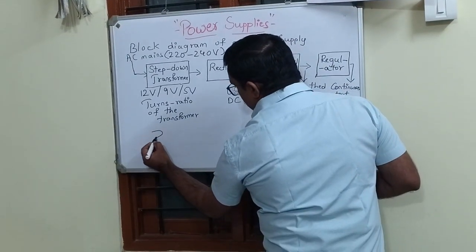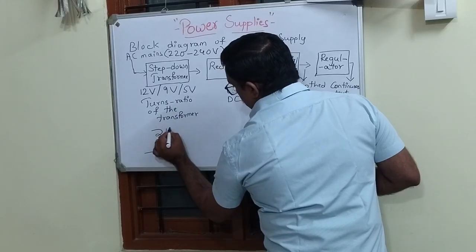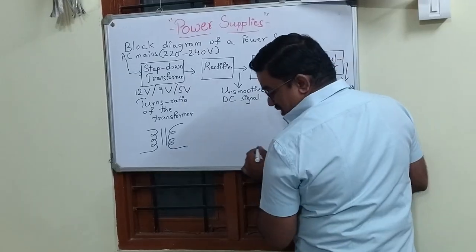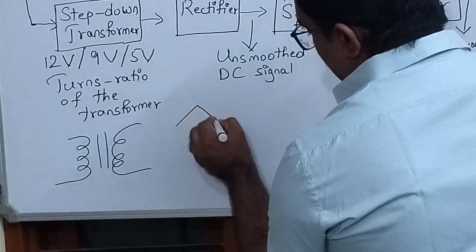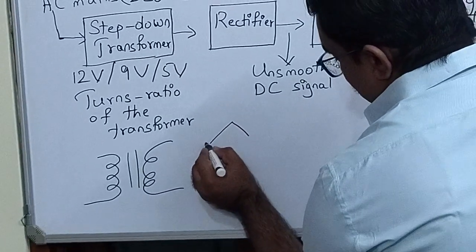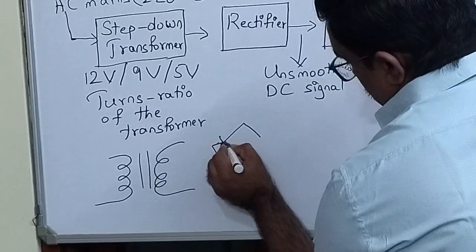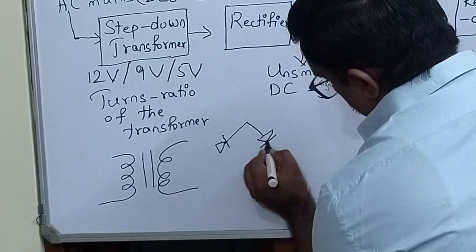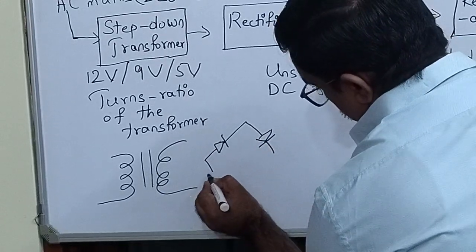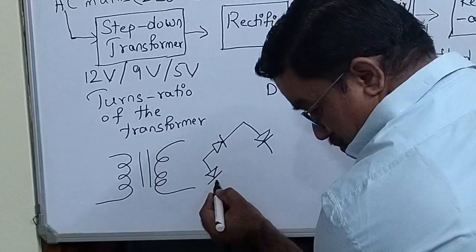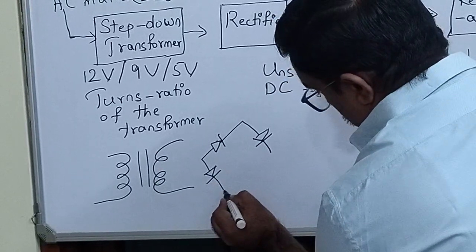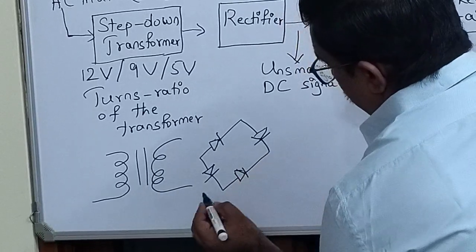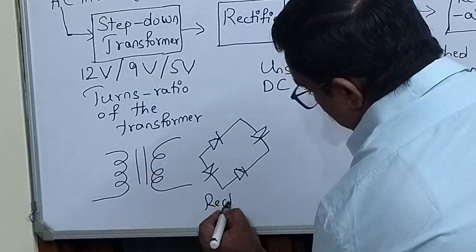The first block has a transformer, and for the rectifier we have some different rectifier circuits.